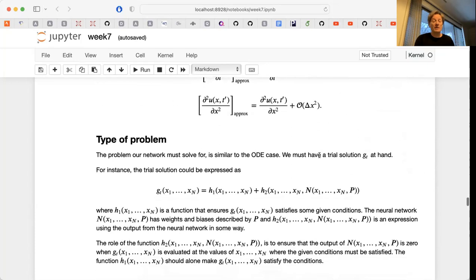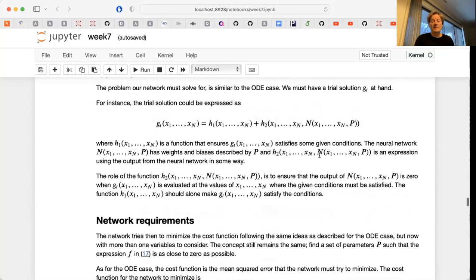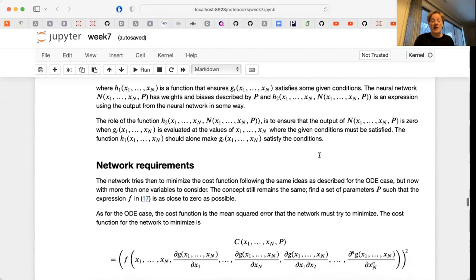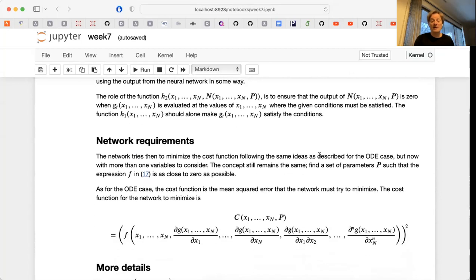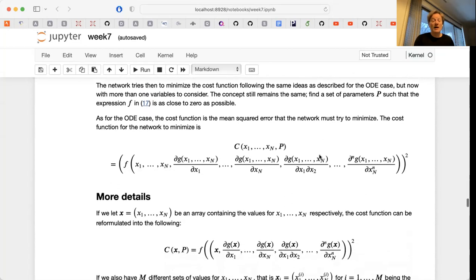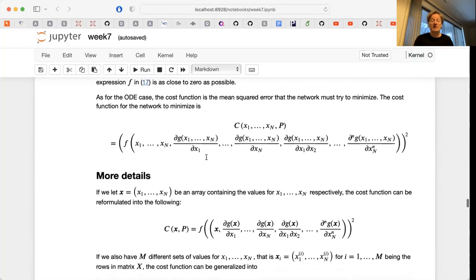And then the second part deals with the setup of the differential equation solver using a neural network. And you will find examples of how you can do that. And again, what you would have is a function f, which defines your cost function, which is now the difference between the left-hand side and the right-hand side.